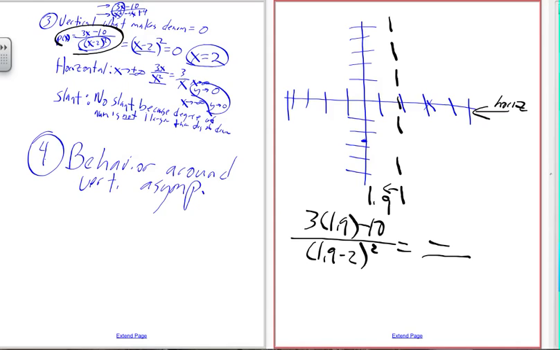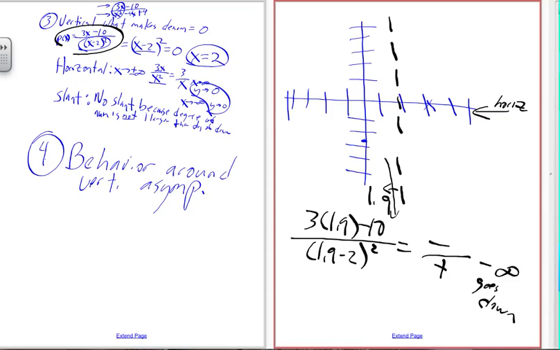Any number I square is positive, so the result is negative, which means it goes to negative infinity, or down. So my graph is going to go down over here.